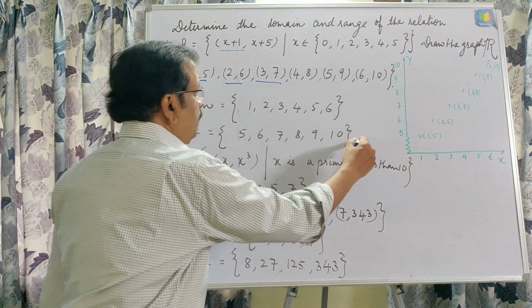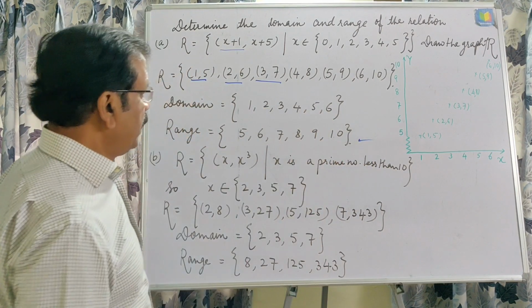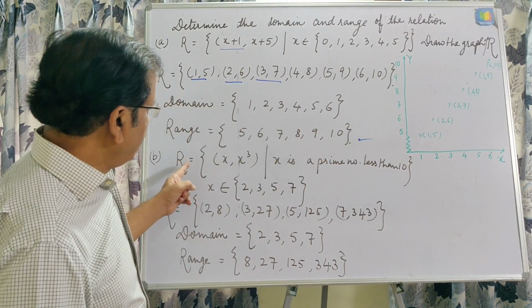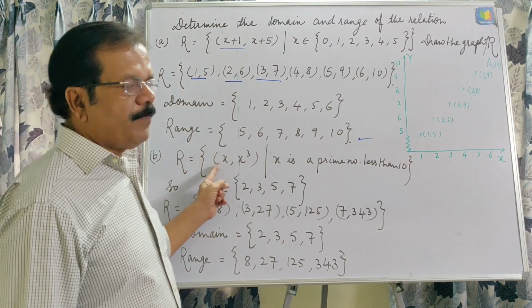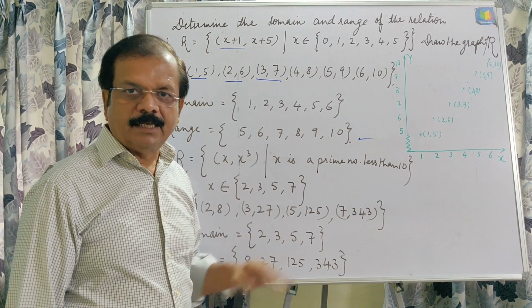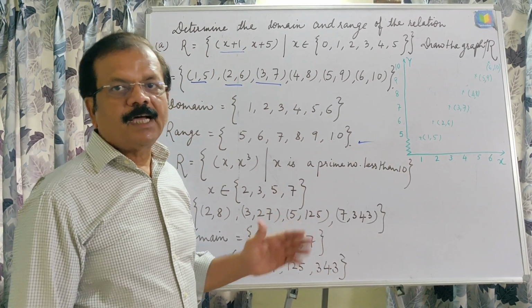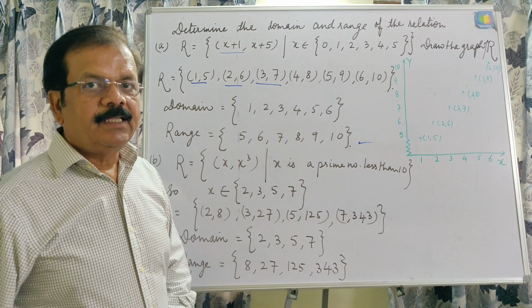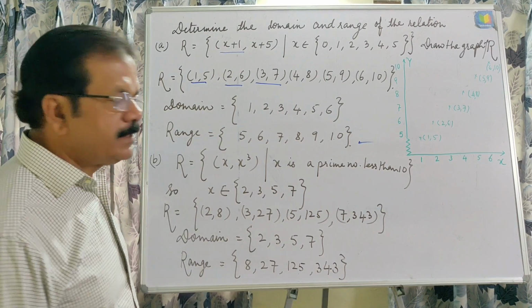In the same way, for the next question, the relation is given in the form of (x, x cube), where x is a prime number less than 10. We should know which are the prime numbers less than 10, that is 2, 3, 5 and 7.